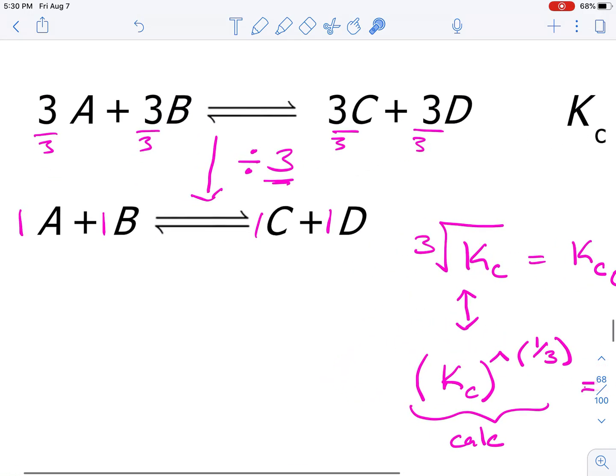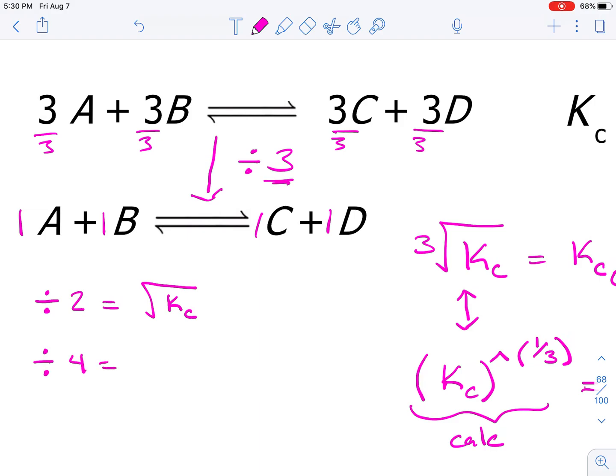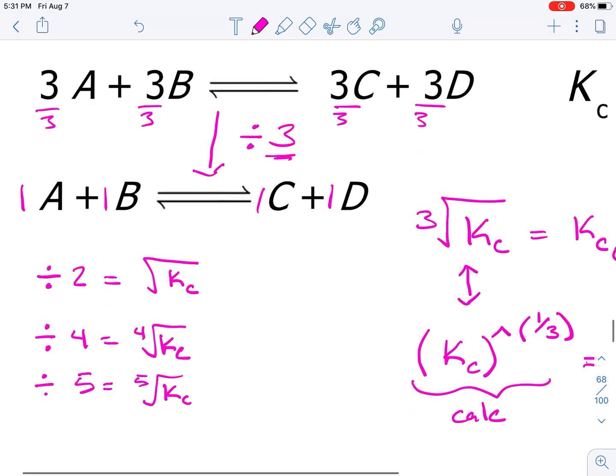Now, if you're dividing the value by 2, that means you're going to take the square root of Kc. If you're dividing the value by 4, for instance, you're going to take the 4th root of Kc. If you're dividing by 5, take the 5th root. You guys hopefully see the pattern here.